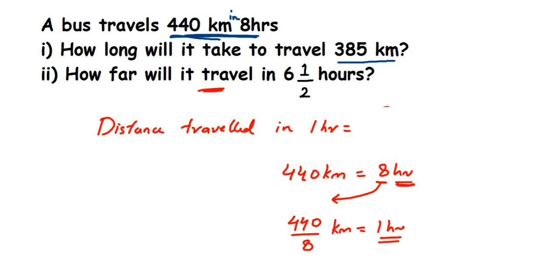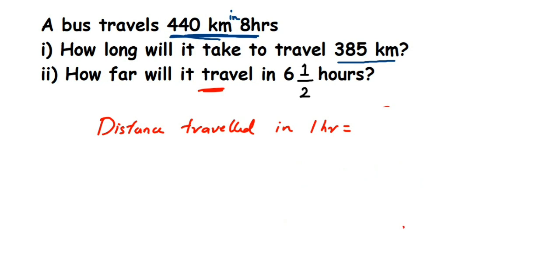Since we got it for 1 hour, we're going to find out for 6.5 hours. So let me write that down. The distance traveled in 1 hour will be equal to 440 divided by 8 kilometers. Now 6.5, when you convert this into a mixed fraction, will be equal to 13 by 2 hours. It's the same thing.